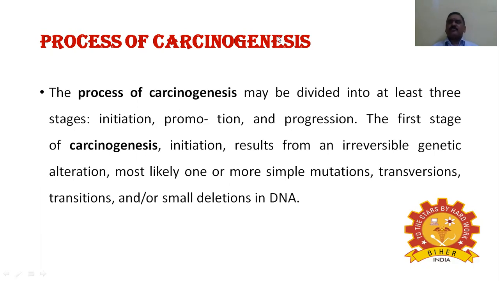The first stage of carcinogenesis is called initiation. It results from irreversible genetic alterations. Most likely, one or more simple mutations, transversions or transitions, and small deletions in the DNA.